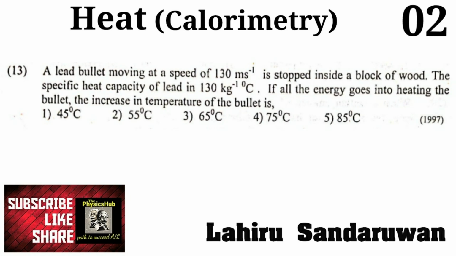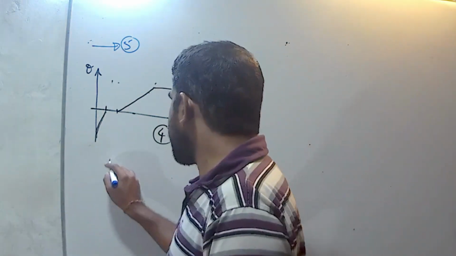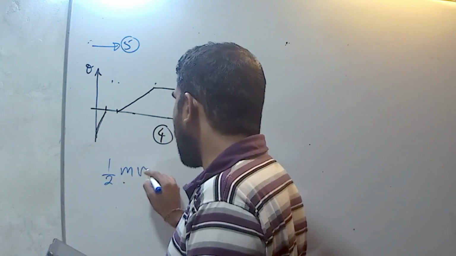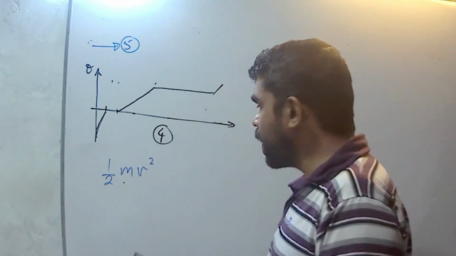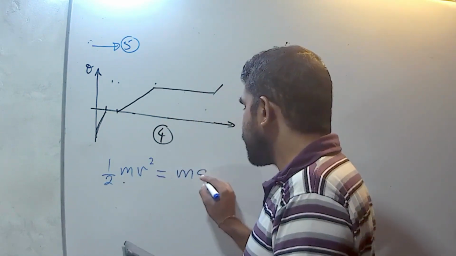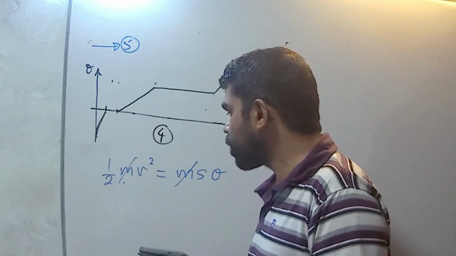A lead bullet moving at a speed of 130 meters per second is stopped inside a block of wood. The specific heat capacity of lead is 130. If all the energy goes into heat in the bullet, the increase in temperature of the bullet is? The kinetic energy of the bullet, half m v squared, should be converted to heat energy, m s theta.